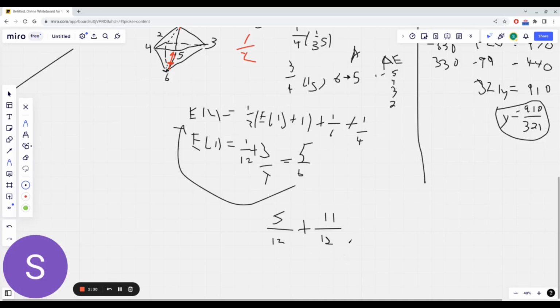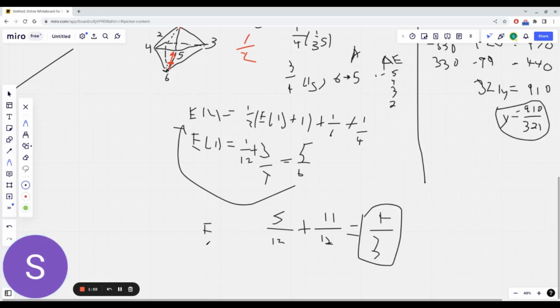And then 5/12 plus 11/12 is going to be 16/12, which is our answer. And if you simplify that, that is 4/3. And that's E2, which is our answer since they start 2 away from each other.